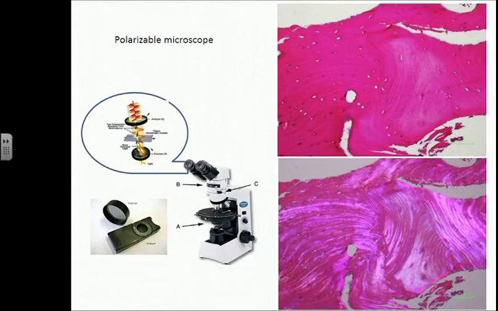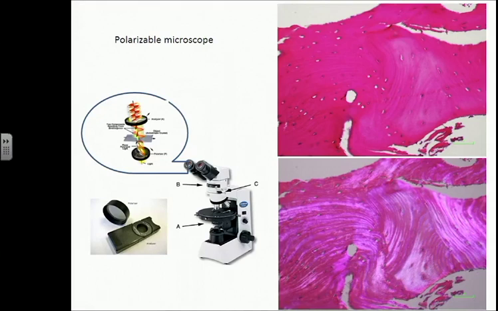Collagen by nature can reflect light, can make light bright using polarized microscopy. Because bone is formed of collagen type 1, the collagen fibers can do this refractile light, and through this we can assess the arrangement of the collagen fibers.